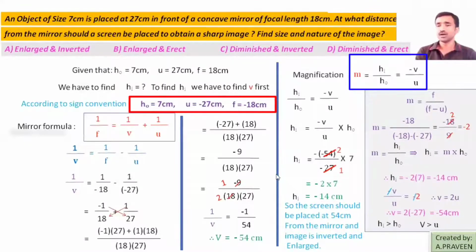In front of the mirror, a real image is always formed, and a real image is always inverted. So you have to compare this. From this I am able to decide that the image is enlarged or magnified, so enlarged and inverted image. So option A is suitable for the question.